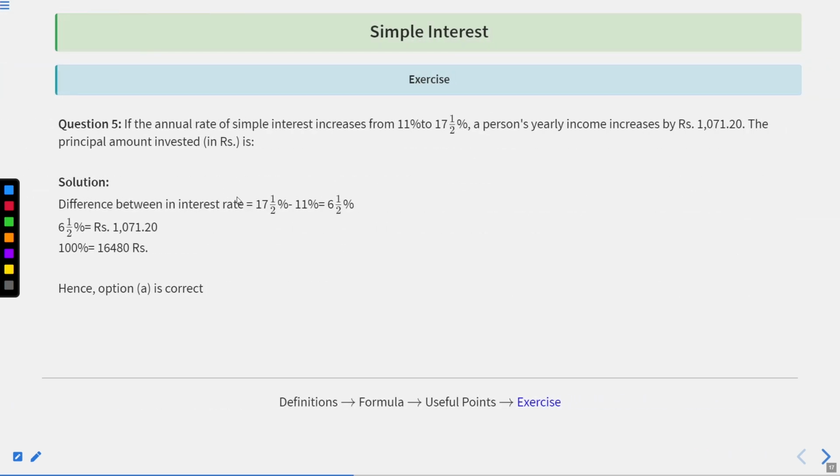So the difference in interest rate is equal to 17.5% minus 11%, that is equal to 6.5%. So 6.5% is equal to 1,071.20 rupees. So the 100% is equal to 16,480 rupees. The option correct here is option A.